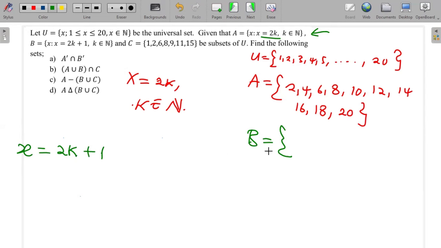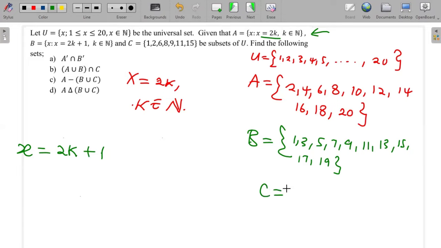So set B will just contain the odd numbers between 1 and 20, simply the numbers that are not in set A. That would be 1, 3, 5, 7, 9, 11, 13, 15, 17, and 19. This is my set B.